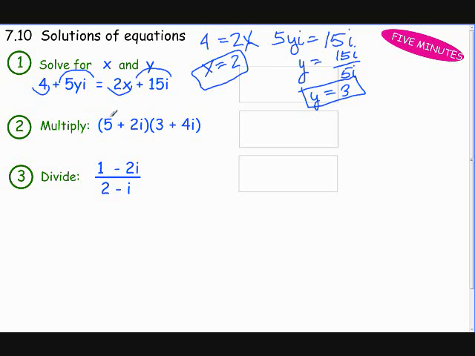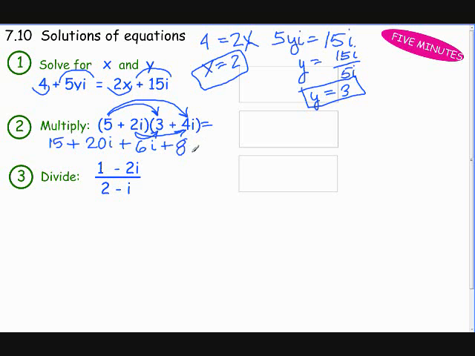Multiply these together. Of course, we're going to do first, which is 15. And we're going to do the outside, another term, and that's going to be positive 5 times positive 4, 20i. Then we're going to do the inside, and that's also going to be positive, the 6i. And finally, the last ones, and that's going to be 8.